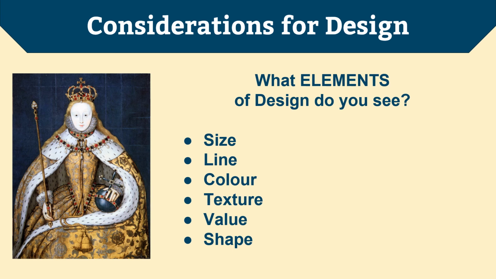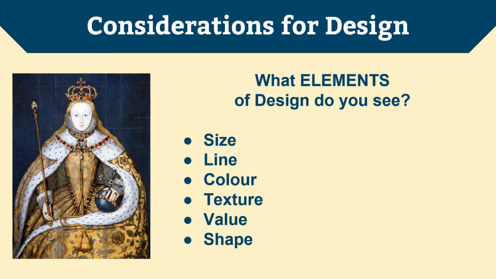What does that mean? How about the use of colour? What does the colour show us? How about all those uses of the golds and the really beautiful brocade and the texture that's coming through there? What is this telling us about this person? It's telling us that she's rich. It's telling us that she's omnipotent. And value. Value is really interesting because what is the brightest area of this?